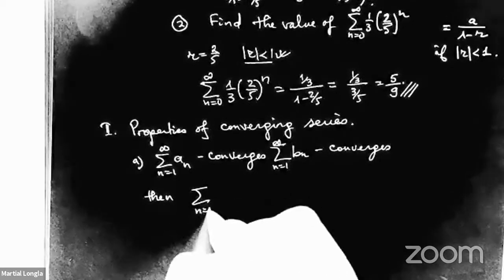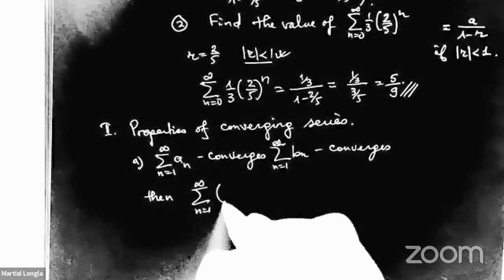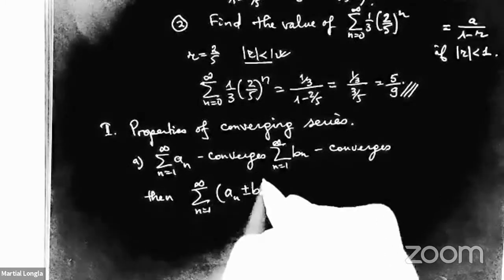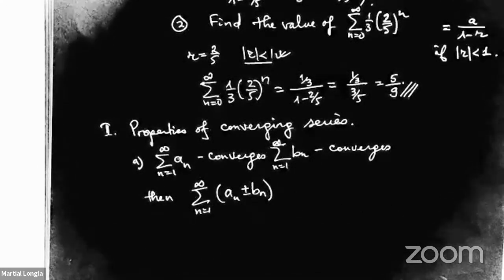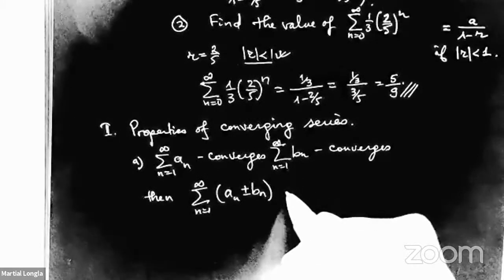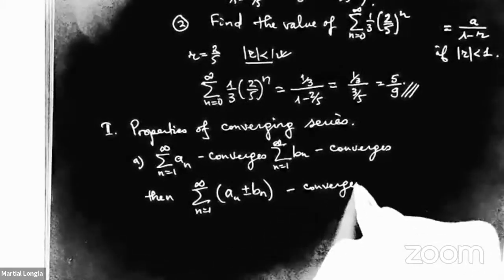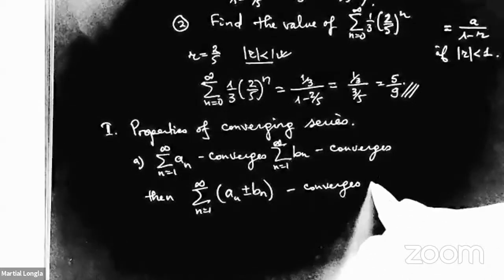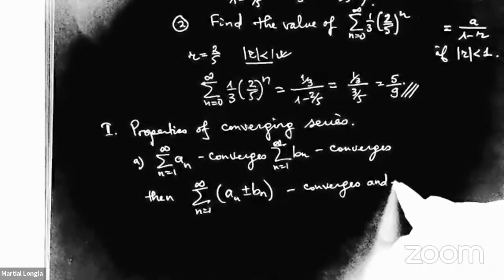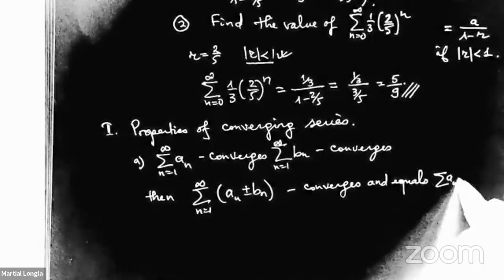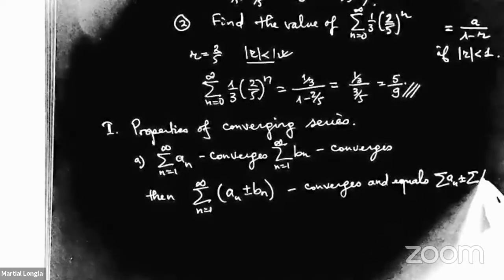the sum from n equals 1 to infinity of an plus or minus bn, doesn't matter which of them, this is going to converge. And it equals the sum of an plus or minus the sum of bn.